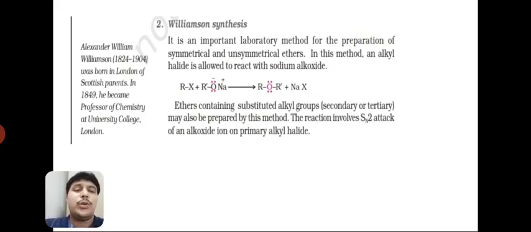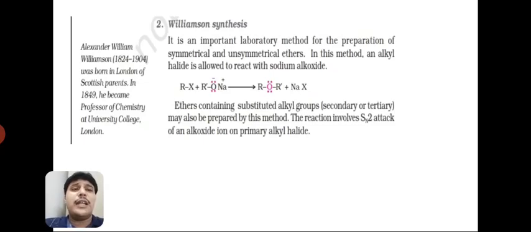Symmetrical ether means both the alkyl groups attached to the oxygen are the same. And if the R and R dash present in the ROR dash form are different, then it is called unsymmetrical ether.